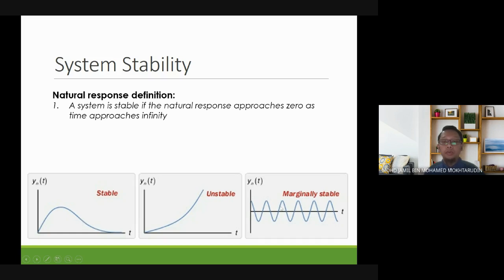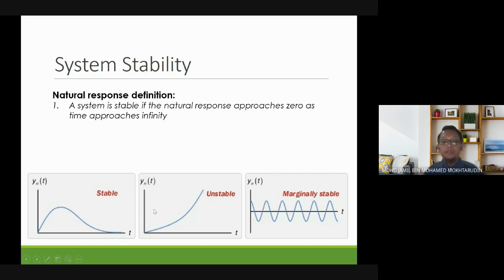In the middle figure, the system is unstable because the natural response is going away from zero. The third one is marginally stable because it keeps oscillating about the value zero, but never actually reaches zero.